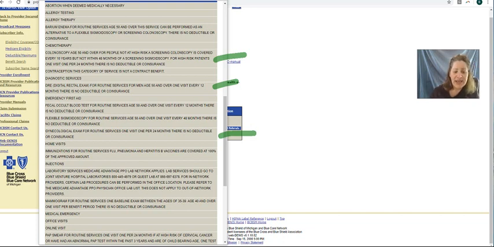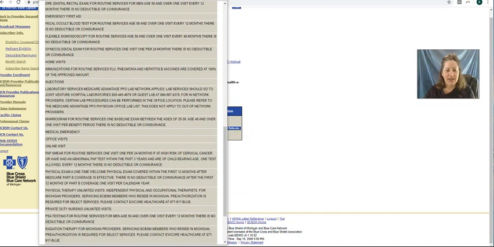Gynecological routine exam, one every 2 years. Now, those of us ladies who get these more frequently might think every 2 years. You got to remember, this is Medicare. Okay, so you're dealing with a population that's over 65. That's why it slows down at that point. Immunizations covered at 100%. Routine mammograms, starting at the age of 35 to 39, and then 40 and over, one per year.